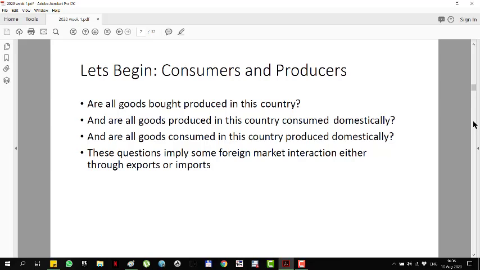That is probably a definite no. If you look at the clothes that you wear, a lot of us like to wear American clothing, Western clothing. But where is that mostly produced? China, Vietnam, all these countries. So a lot of what we use in our country for ourselves to consume is not produced here.